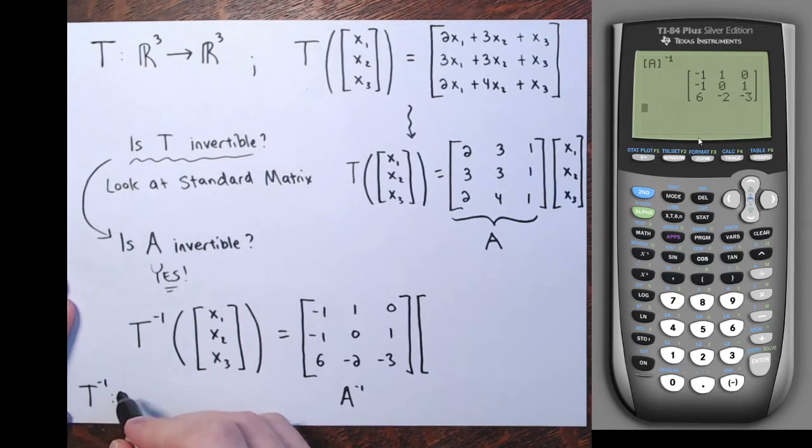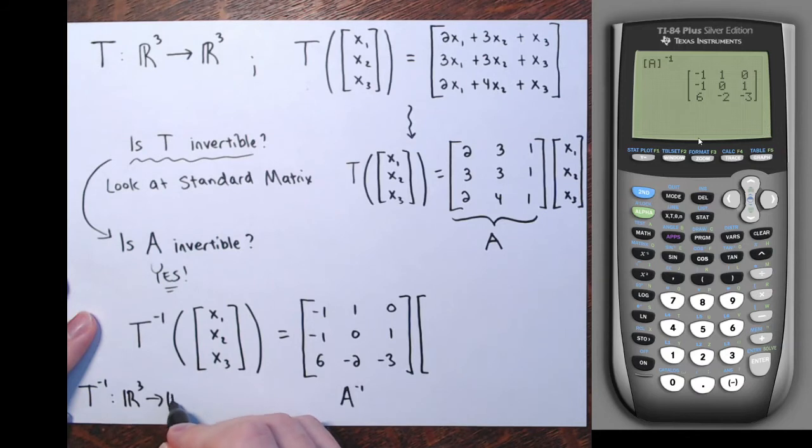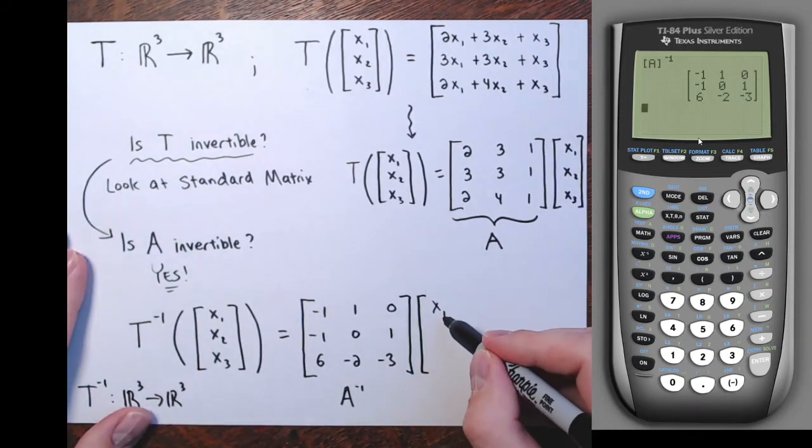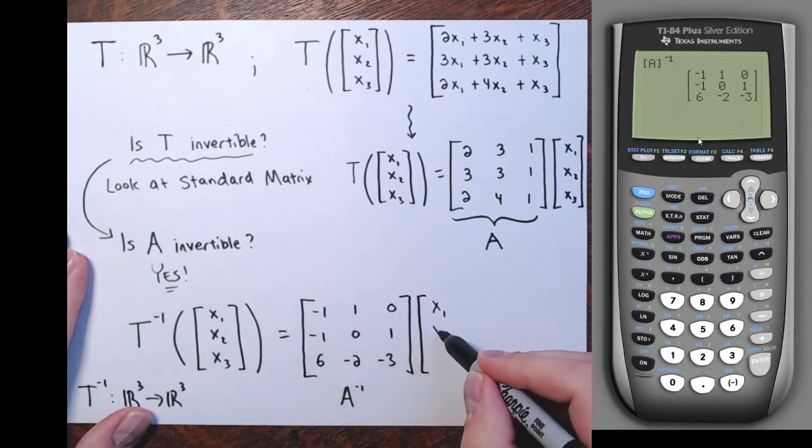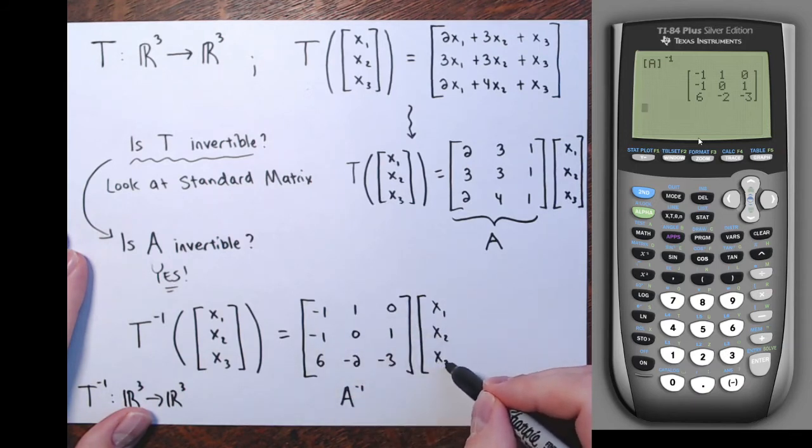T inverse would just reverse the mapping, so it's still going from R3 to R3. It's still doing that, times this inverse matrix, this standard matrix times the input vector.